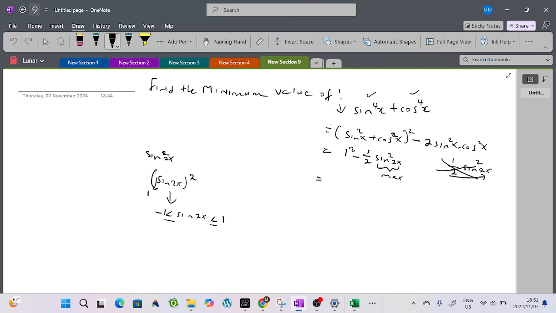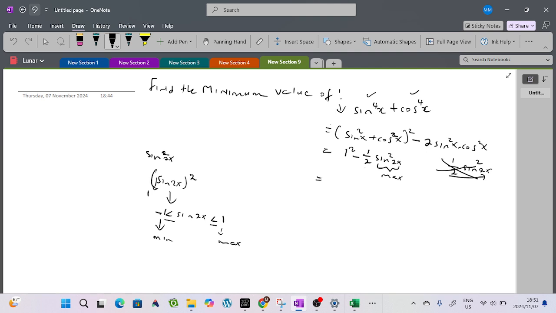This is the range of sine 2x, with the minimum at negative 1 and the maximum at 1.